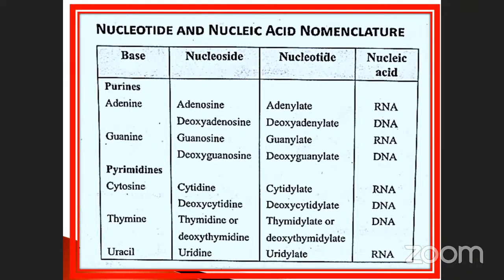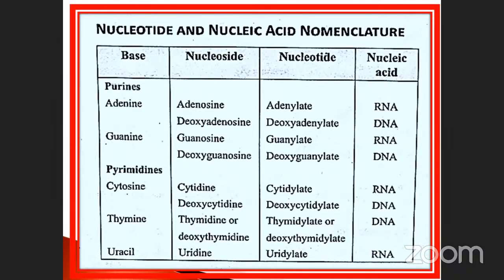So nucleotide means adenylate. It's present in the RNA. Adenine, adenosine, adenylate, RNA. So deoxyribose means DNA. So deoxyadenosine, same one, you have to add the deoxy because it's present in the DNA, deoxyribonucleic acid.